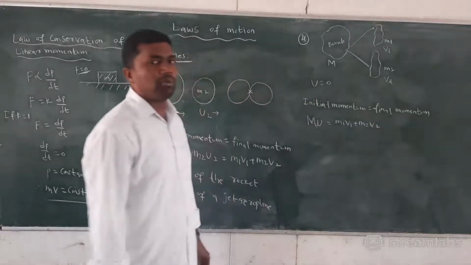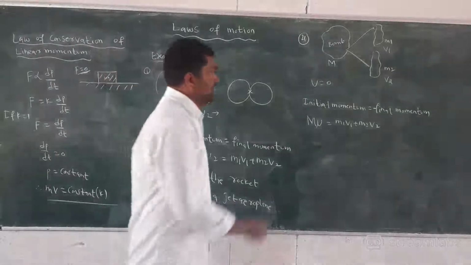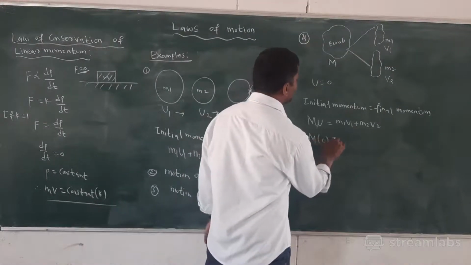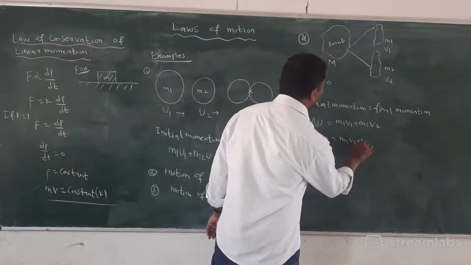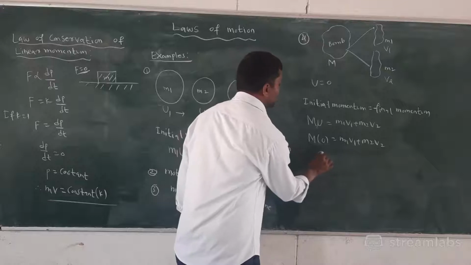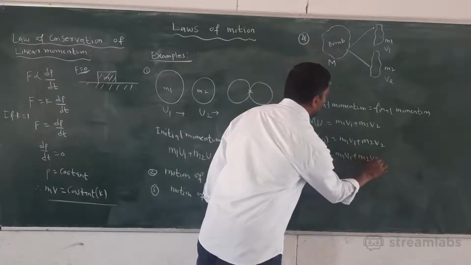But when the bomb is in rest position, the initial velocity is 0. So m into 0 is 0, which is equal to m1 v1 plus m2 v2.